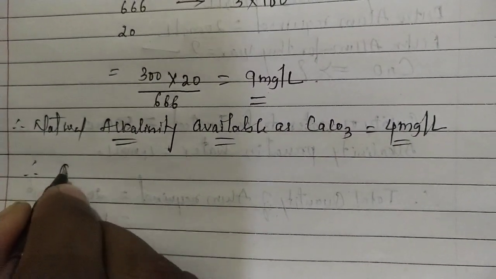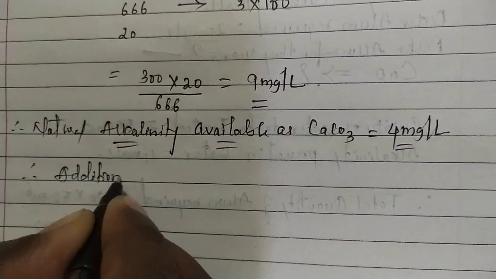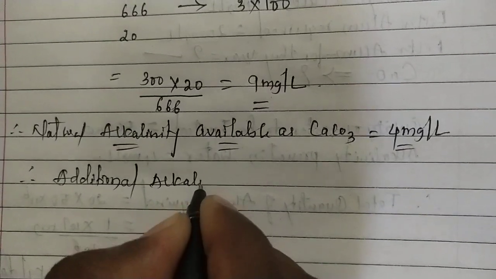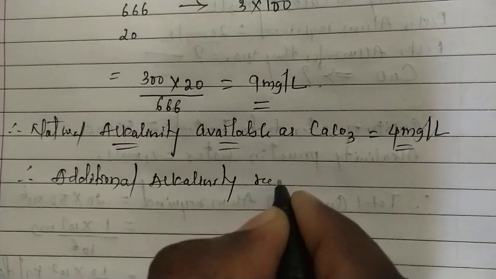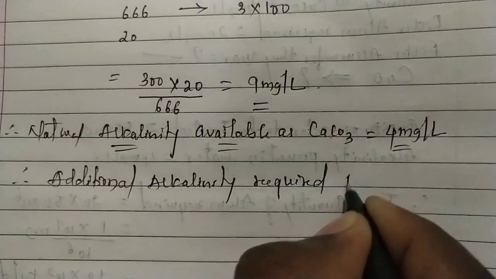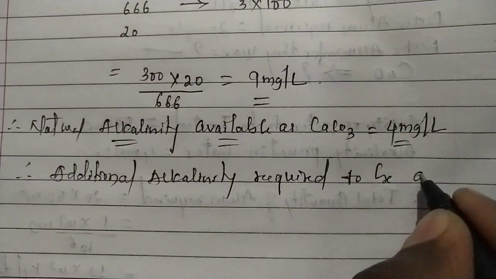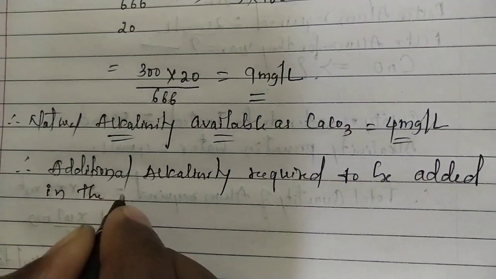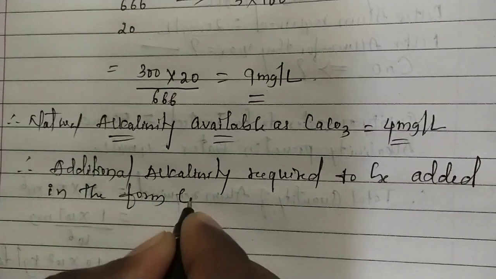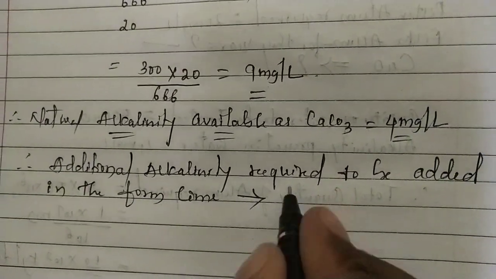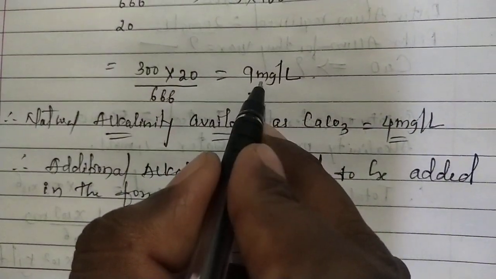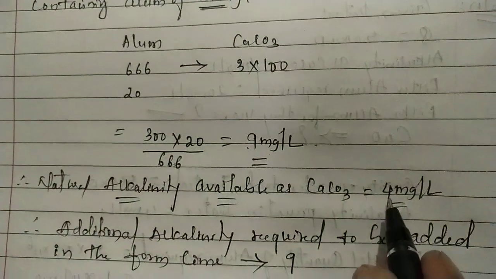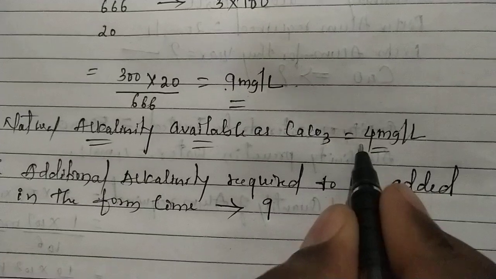Therefore, the additional alkalinity required to be added in the form of lime: 9 is the required alkalinity for the water sample, and already 4 mg per liter is present in the natural water.